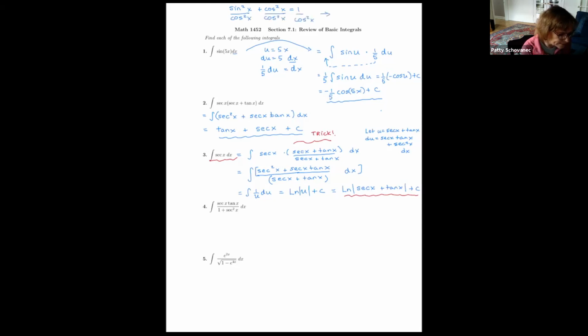And then I'll get that the tangent squared of x plus 1 is the secant squared of x. I have 1 plus the secant squared, so that's not quite the tangent. Secant squared minus 1 would be the tangent squared. But that was a really nice try.